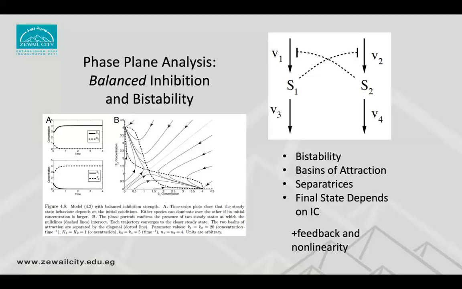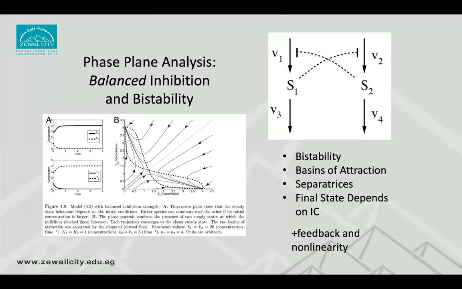Okay, and you see what happens. We wind up going to all S1. And also, if we're above the diagonal, that means we started with more S2 than S1, and you see all the trajectories go to the y-axis, which means that we have all S2.